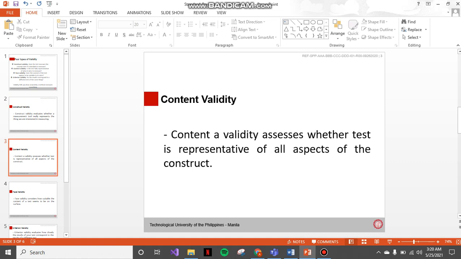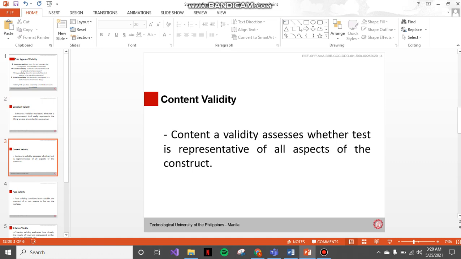So that's like what I said previously, that if you missed out some points from your previous lessons and you didn't include them in your assessment tool, your assessment tool may not be valid, because the indication of the students' learning is not accurate.